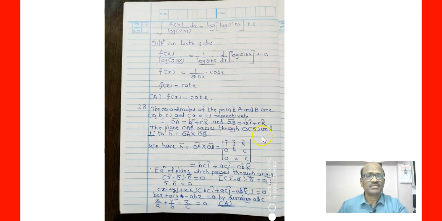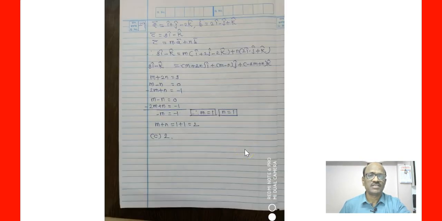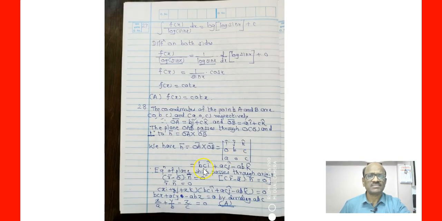The plane OAB passes through the point O, and is perpendicular to n bar, that is OA bar cross OB bar. Therefore we find the cross product of these two vectors, and n bar equals bc i plus ac j minus ab k cap, and the equation of the plane passes through the point, which we have treated as the origin, dot n cap.